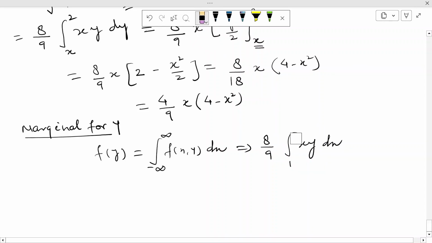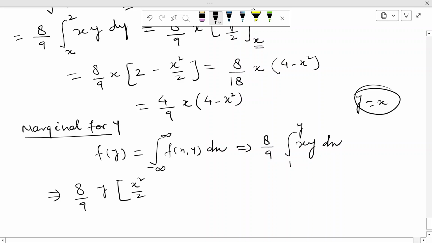Because we are looking for the limits of x, we are putting here y, because this strip ends at this line which is y equals x. So we are getting 8 by 9, and because we are performing the integration with respect to x, you can take this y outside, and here we are having x square by 2, and limits are 1 to y.